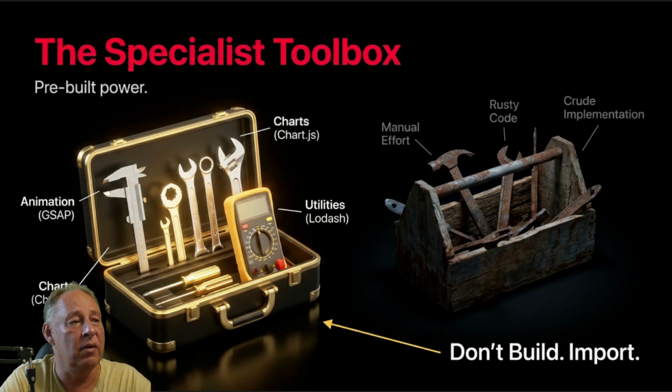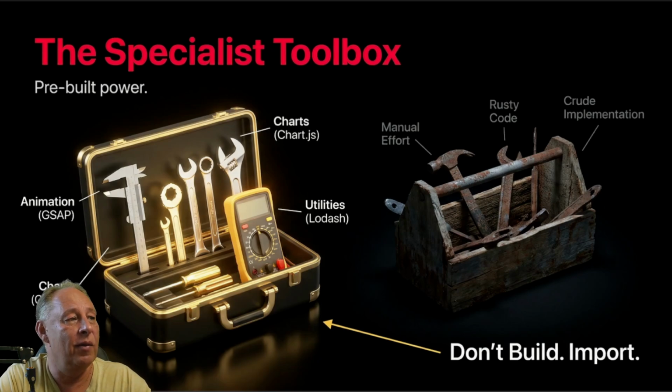All right, so next comes what we call our toolbox, our specialist toolbox. And what that means is that there are literally thousands of pre-coded, and we call them libraries, pre-coded code that you can use in your own applications.